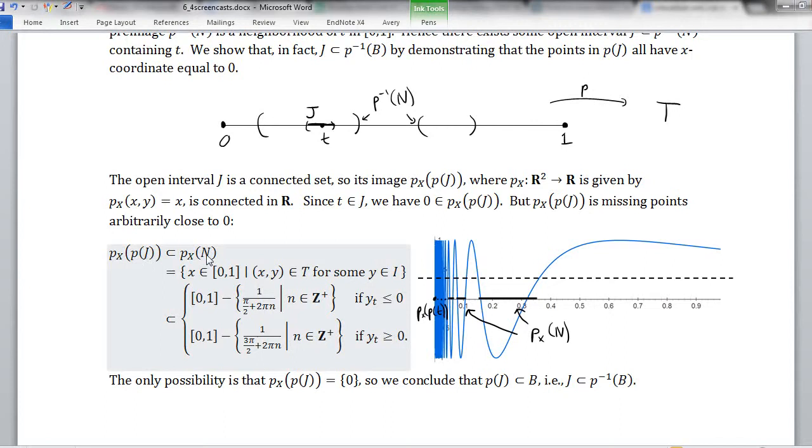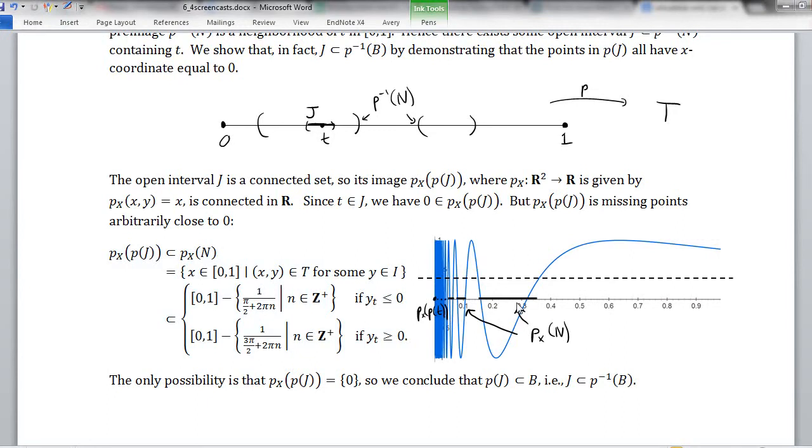So why is this set missing points arbitrarily close to 0? Well, p(J) is a subset of N, so the x-coordinates of points in p(J) are a subset of the x-coordinates of points in N. And the x-coordinates of points in N are just x values between 0 and 1 such that the point (x, y) is in T for some y in I. In other words, we take points on T with y-coordinates in I, so basically points on the graph below this dashed line, and look at their x-coordinates.